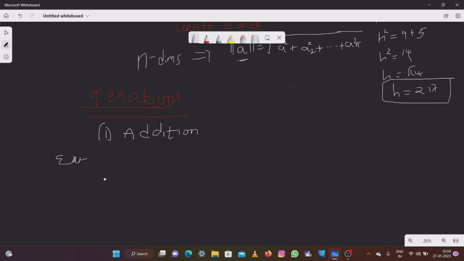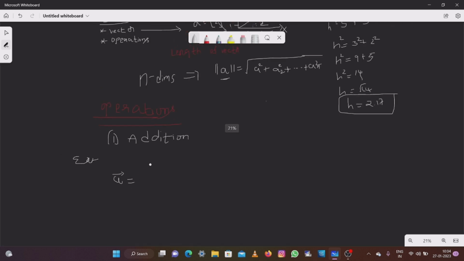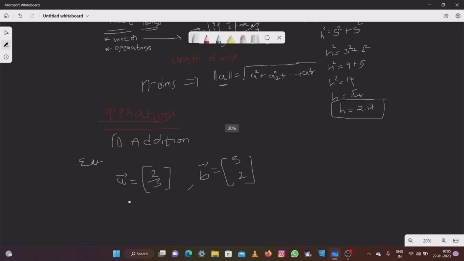Here is the example I am giving: a bar equals 2 comma 3, and b bar equals 3 comma 2. Let's add these two vectors: c bar equals a bar plus b bar.